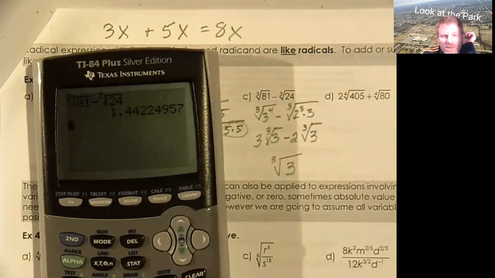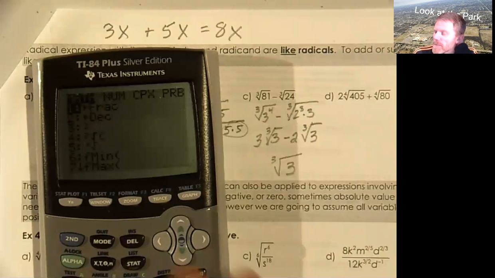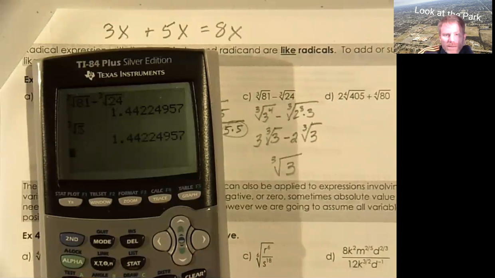We don't want the decimal. Don't write a decimal as your answer. But if you want to check your work, you can see if your answer matches what the beginning was. And you see the decimal versions are the same. So yes, this is equivalent.